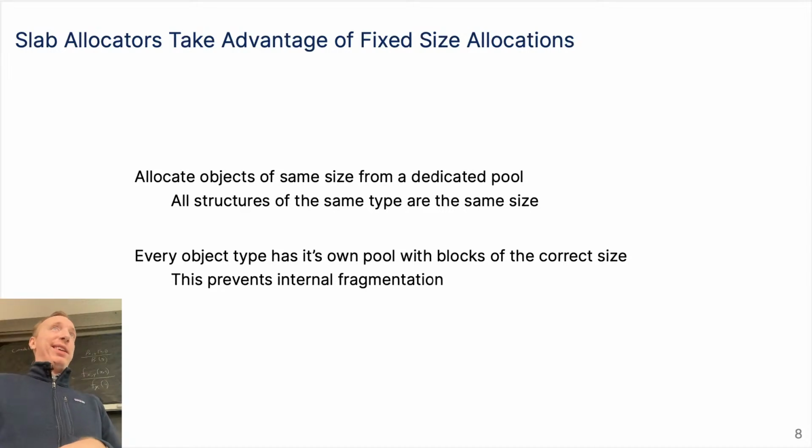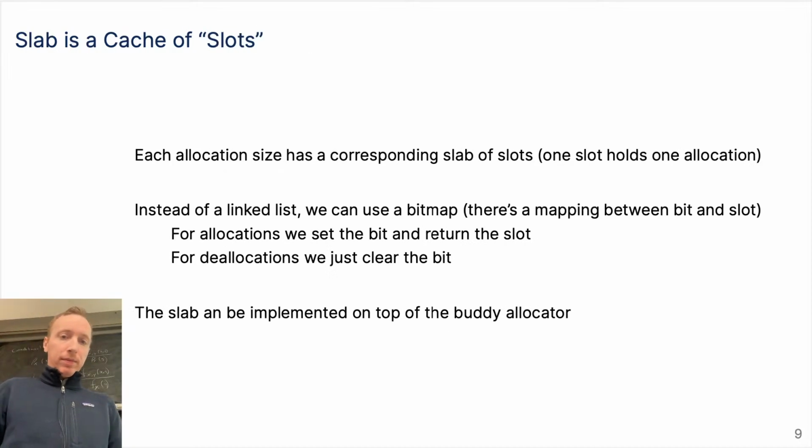Since the kernel potentially creates millions of them, and they're all 128 bytes, it just has a pool of that size, grabs them as it needs them, and makes memory allocation a lot easier. So slab allocators are generally much better, but you have to know everything's the same size. It's just going to be a cache of slots. Each allocation corresponds to a slab slot. One slot holds one allocation.